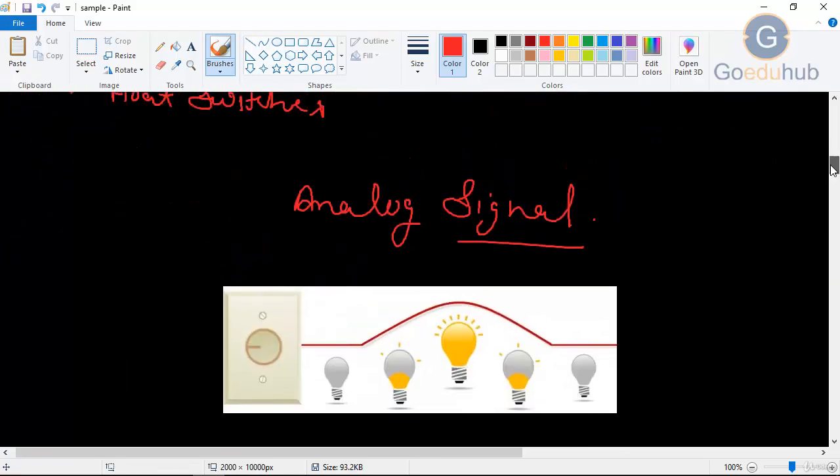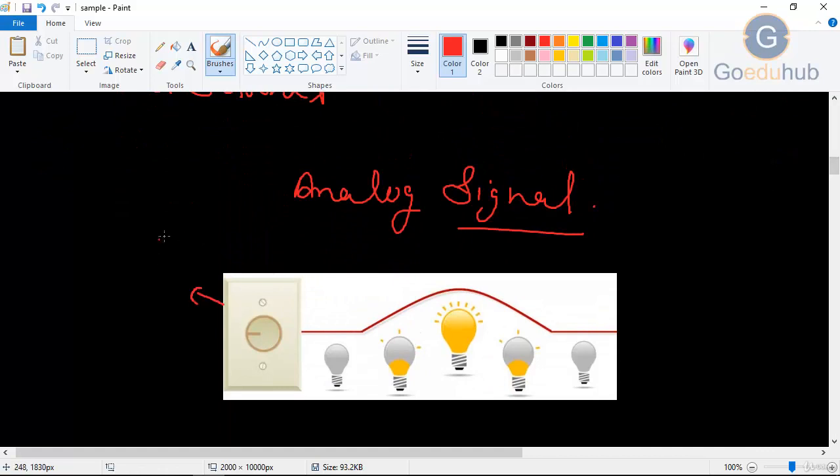Now, same thing here, I am using a dimmer switch which can vary the resistance in the line. Due to this, we can vary the input supply voltage between 0 to 24 volt. Suppose here I have provided 0 volt and you can see my lamp is in off condition.